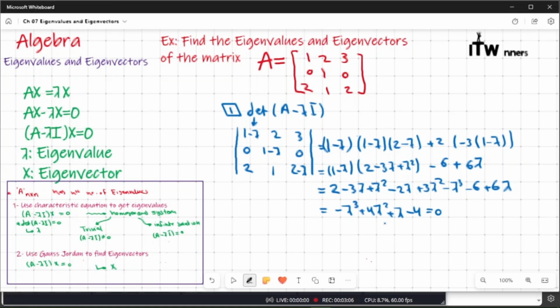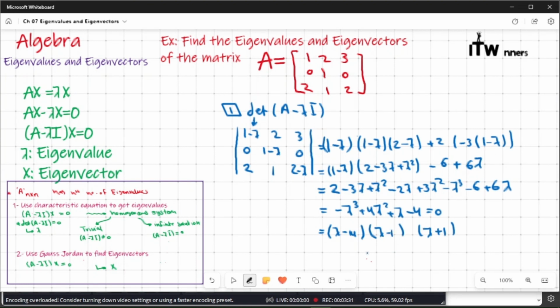Okay, so from here let's factorize this. It will be equal to 3 brackets: lambda minus 4, lambda minus 1, lambda plus 1.